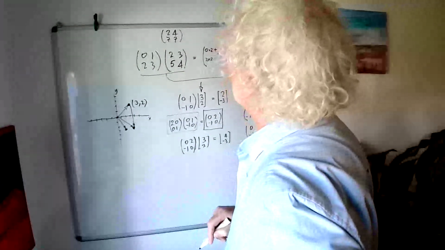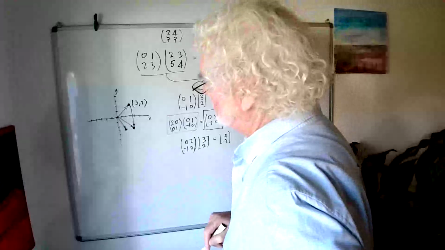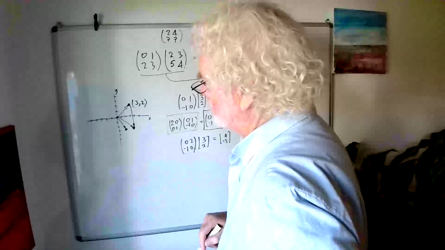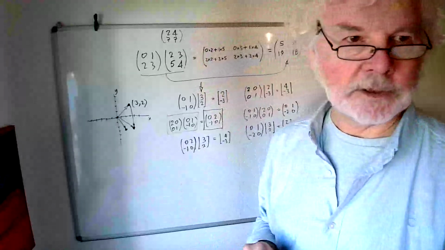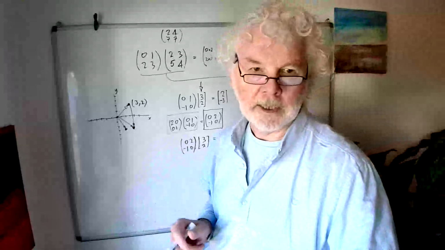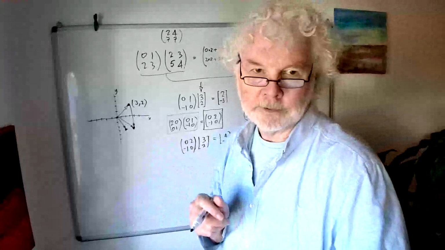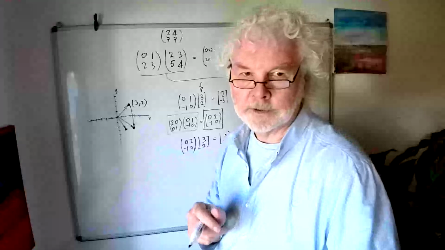But when we multiply them, the order does matter. So in the algebra of matrices, the order matters, whereas in the algebra of numbers, order of multiplication doesn't matter.